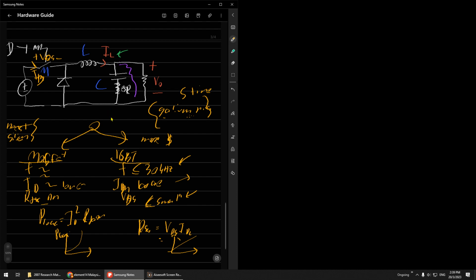So depending on your research, if you are focusing on efficiency, I suggest you use this, but it's quite expensive. For normal research and you don't care too much about the efficiency, you just use silicon. This one is cheap, around 5 to 20 ringgit. But this one usually around RM 50 to 200, I think.